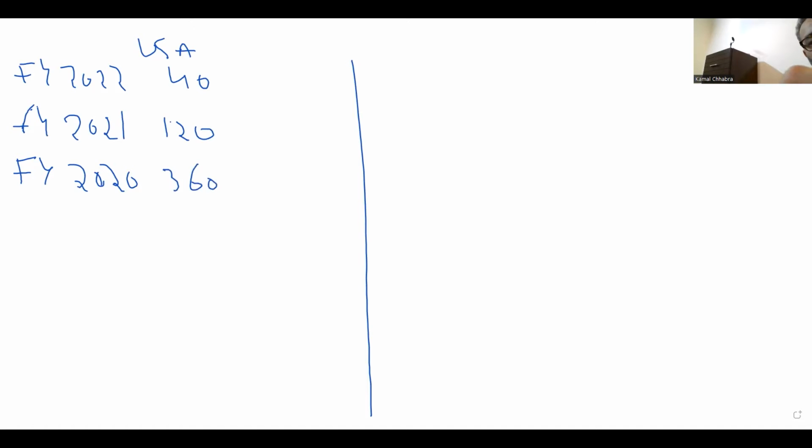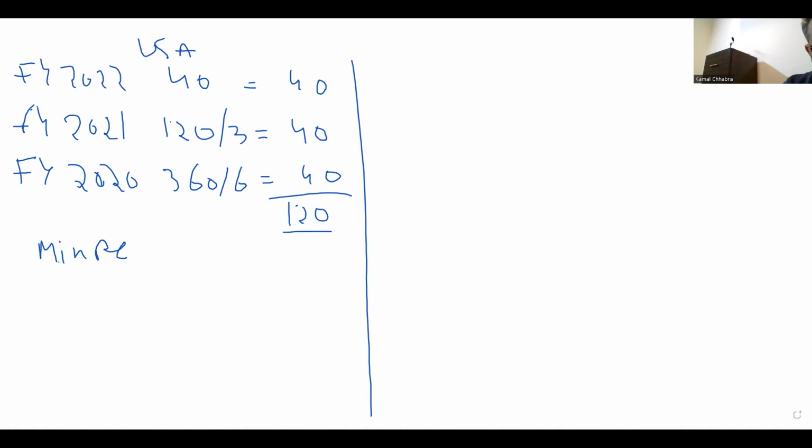So here it will be counted as 40 days complete. Here it will be divided by 3, which is 40 days, and here it will be divided by 6, 40 days. So the total is 120 days. That does not come up to 183. The minimum requirement is 183 days, right? Hence you are not a resident.